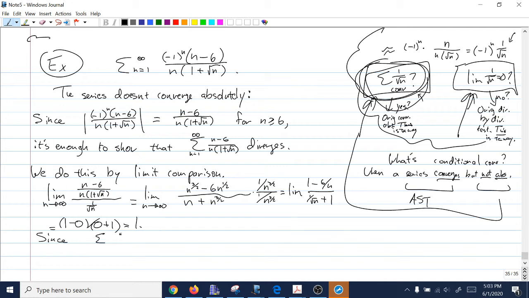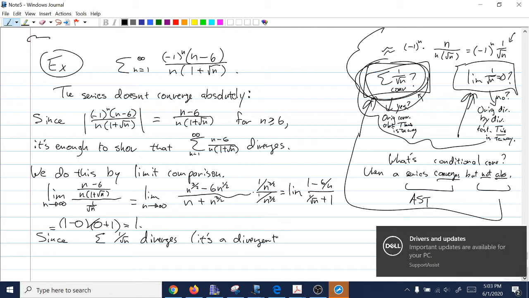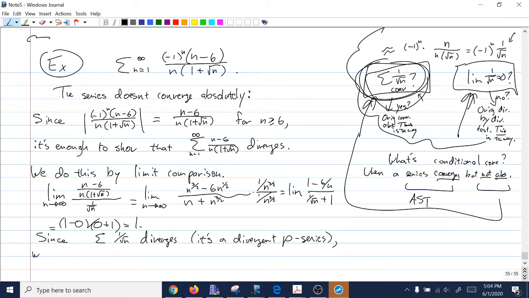Since the sum of 1 over root n diverges, why? It's a divergent p-series. We have that. Here's a place where I'm tempted to say the given series diverges, but the given series had negative 1 to the n on it. We're talking about something different.